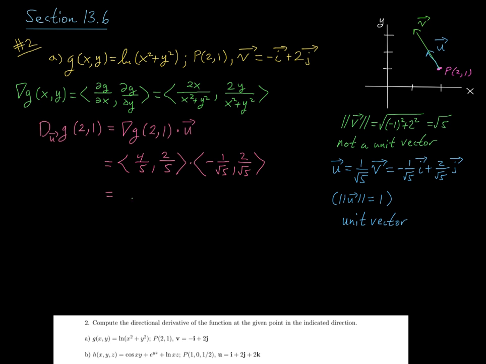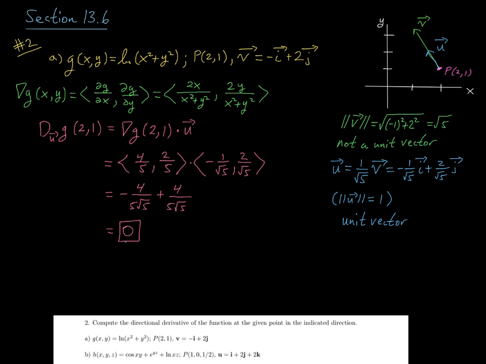Taking this dot product, I get negative 4 over 5 root 5 plus 4 over 5 root 5. These cancel out, giving us a derivative equal to 0.